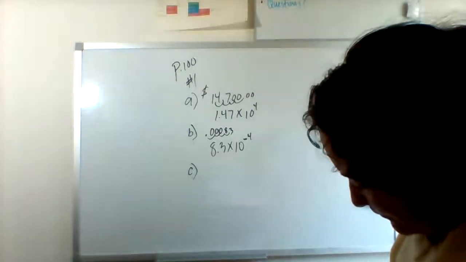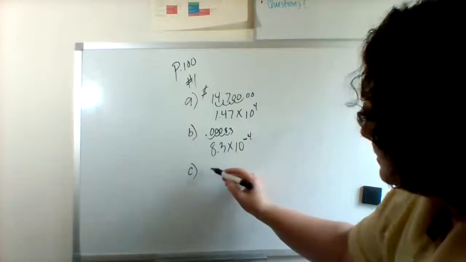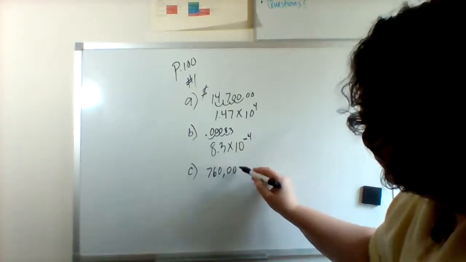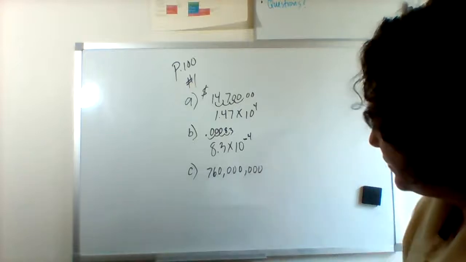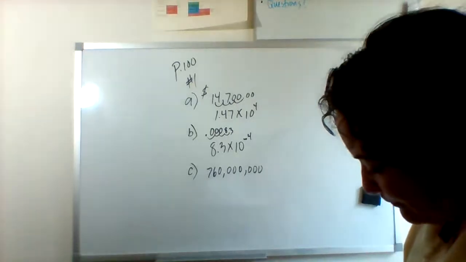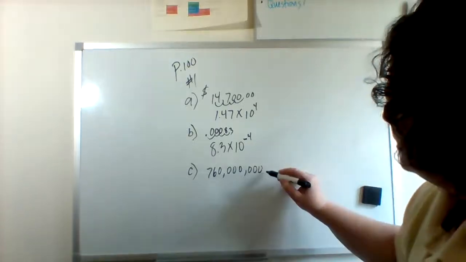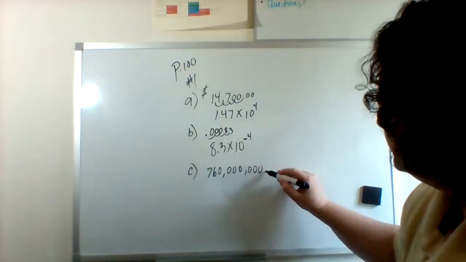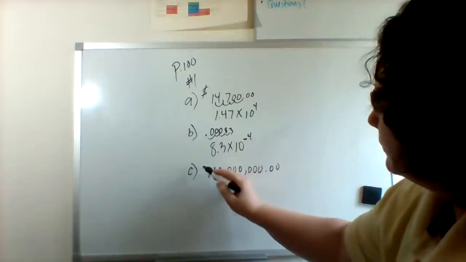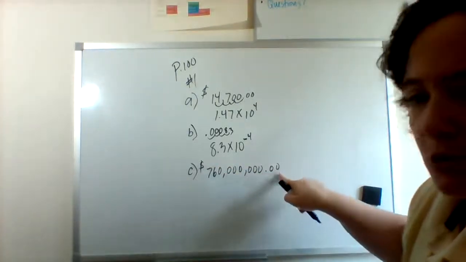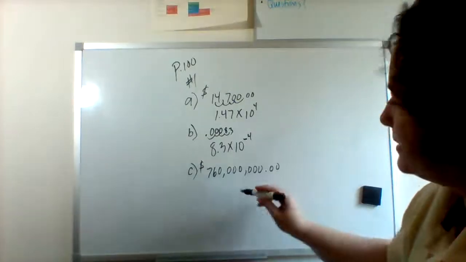Okay, letter C. $760 million. Again, if it was money, $760 million, no sense. 7.6, Kevin says.